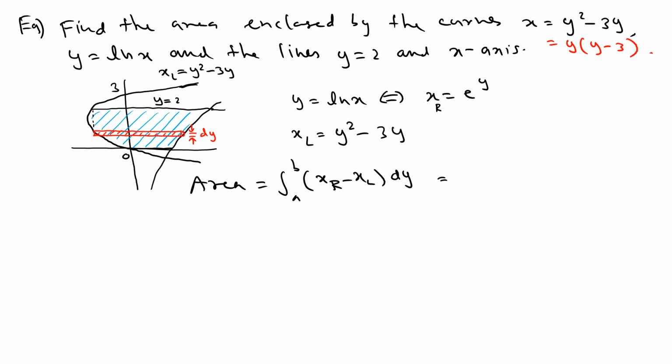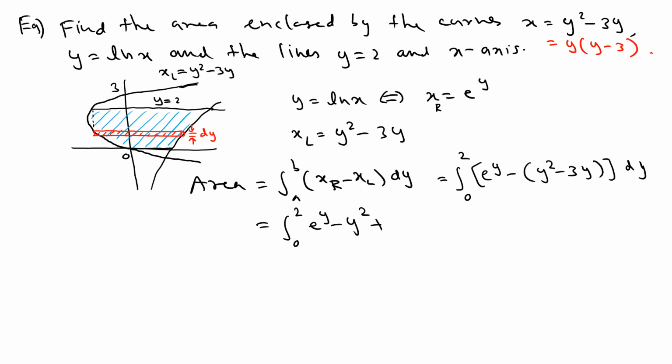One limit is 0, the other limit is 2, and the right curve is e^y minus the left curve, y squared minus 3y, dy. Everything is in y, so everything looks great. We can simplify before we integrate, which is always good practice to avoid unnecessary calculations. So it's e^y minus y squared plus 3y.